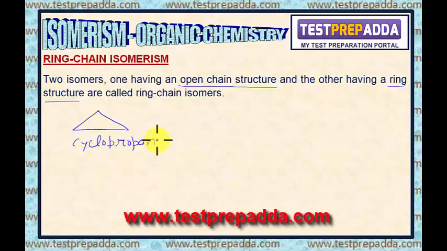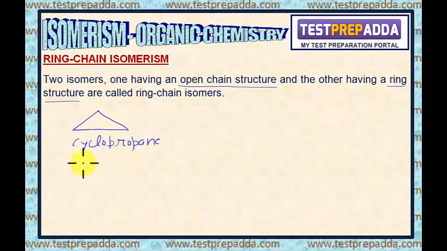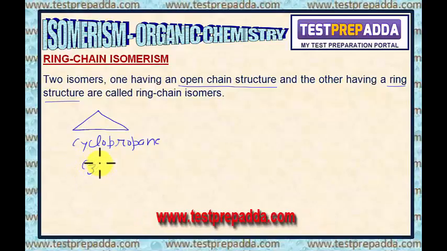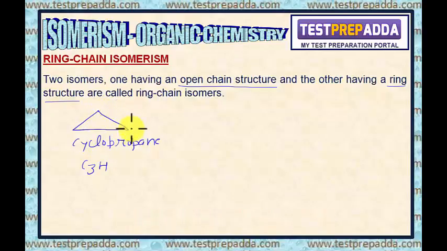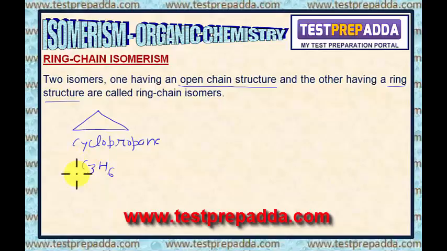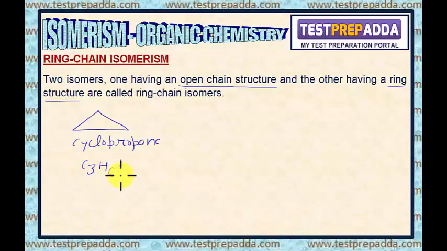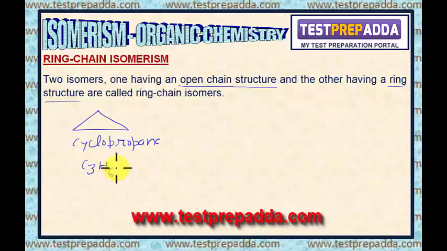So what is the molecular composition? 3 carbon atoms and how many hydrogen atoms? Here I can say CH2, CH2, CH2. So 6 hydrogen atoms. With the help of 3 carbon and 6 hydrogen atoms, can we write open chain?